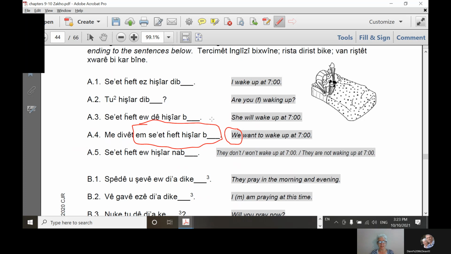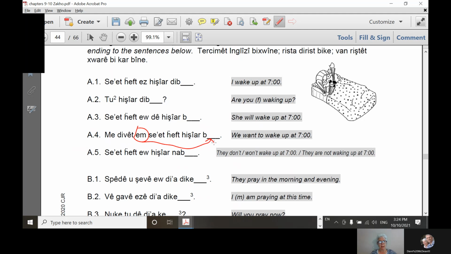Okay, so in this case, we is our subject. Saat haft is at 7 o'clock. And then hishiar b is our verb. Wake up. So because we is the subject, that's going to determine what my verb ending is. So here's my subject, and that determines what my verb ending is.